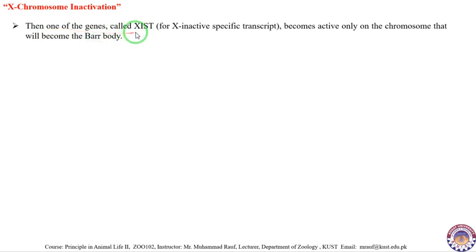One of the genes, called XIST, for X inactivation center, becomes active only on the chromosome to be inactivated. What we know about X chromosome inactivation is that there exists a particular gene called XIST on the X chromosomes, and on the X chromosome that is destined to be inactivated, that XIST gene is activated.